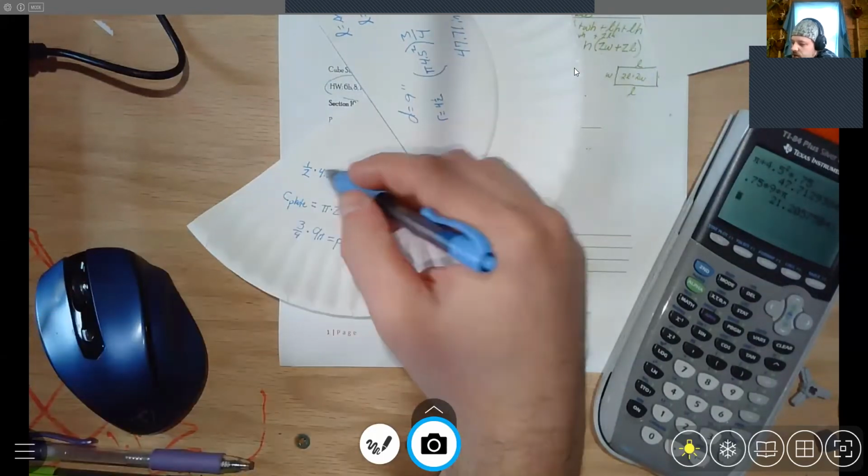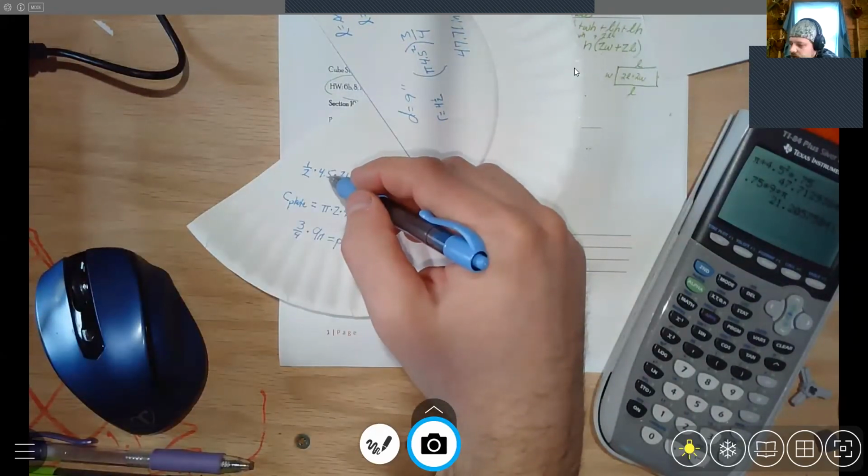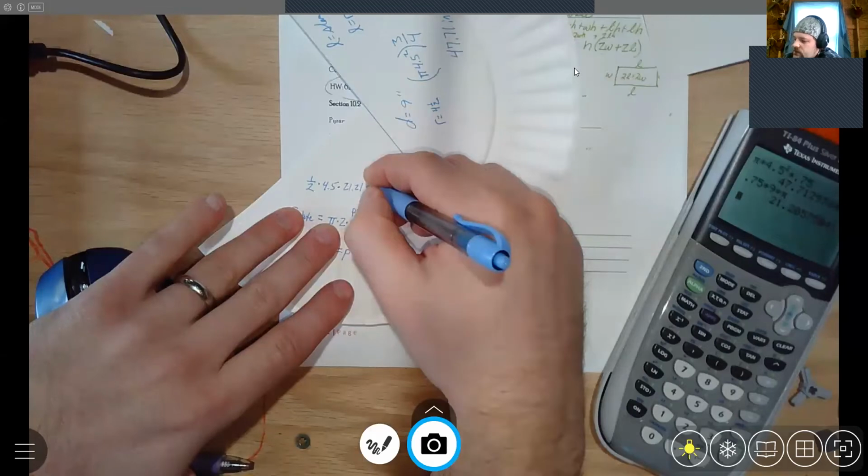So half of the slant height times the perimeter of the base gives you the lateral area.